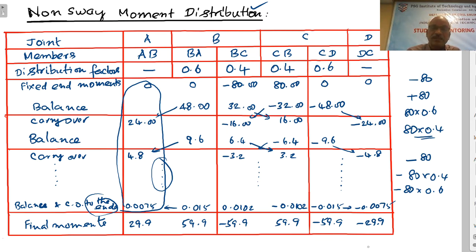That is, the frame will not be subjected to side sway. So those sway moments were not accounted in the fixed end moments. So this analysis has been carried out assuming that the frame will not be subjected to side sway.